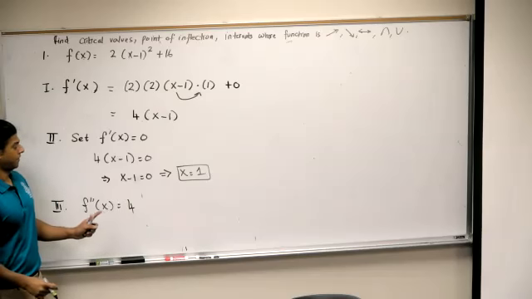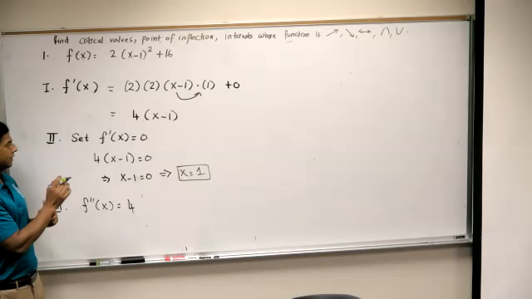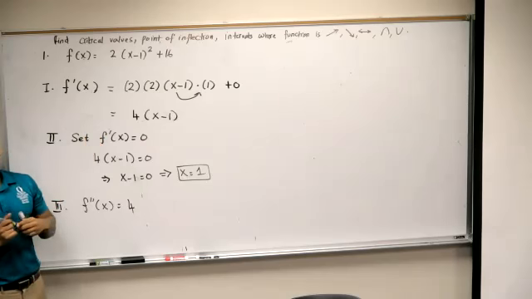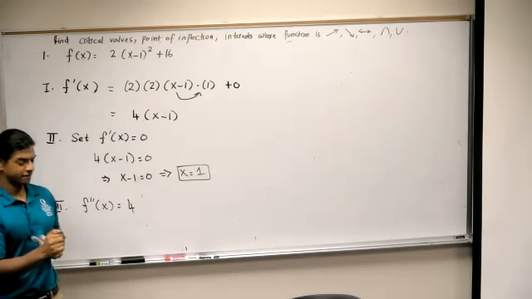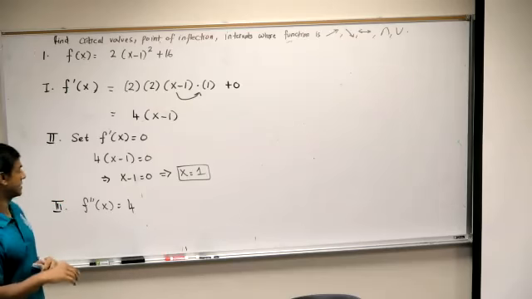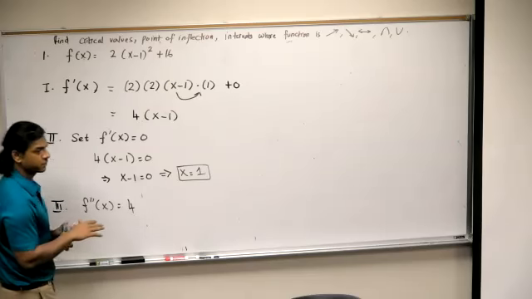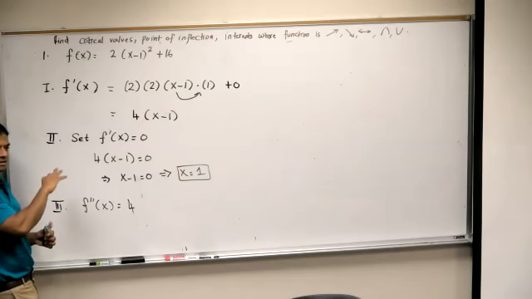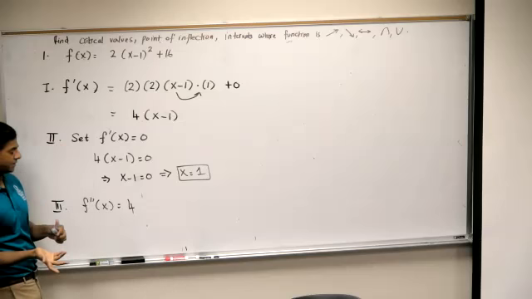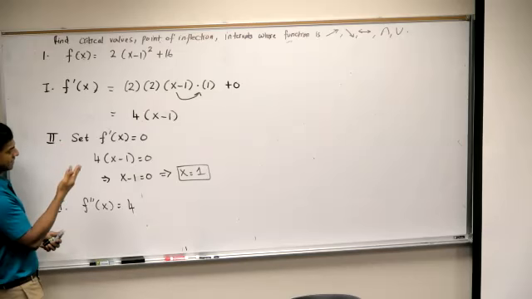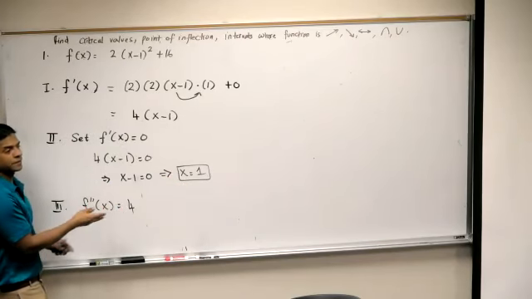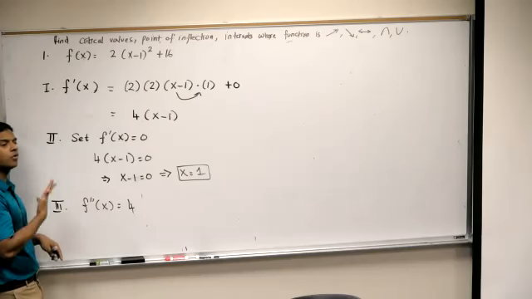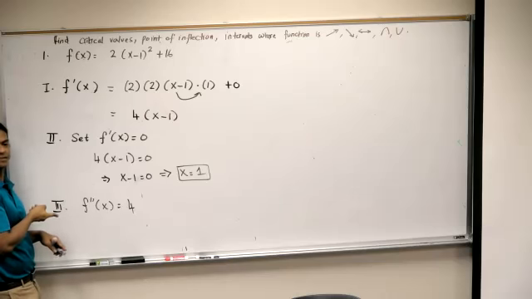Now, I wrote a note that if you plug in the critical value in the second derivative, and if it is bigger than 0, then the critical value will correspond to a minimum. Well, what is the critical value? It's 1. But no matter what you put in here, it is always going to be bigger than 0. Do you agree?